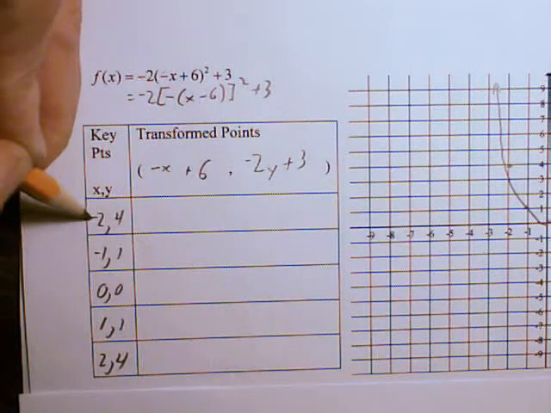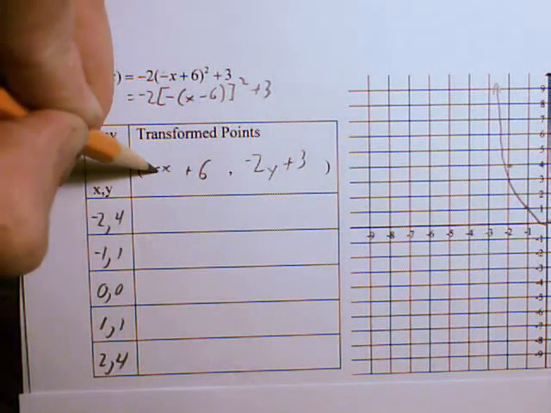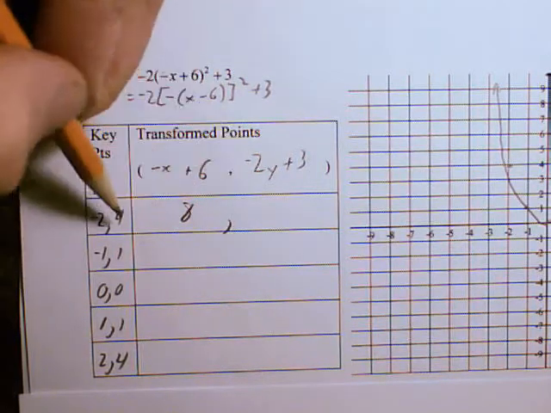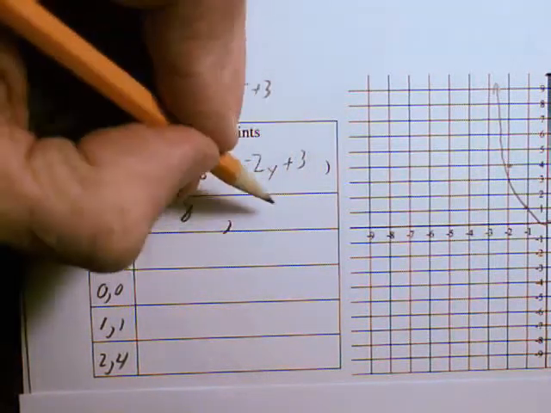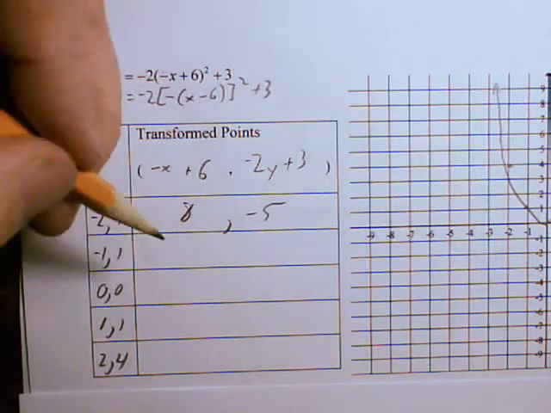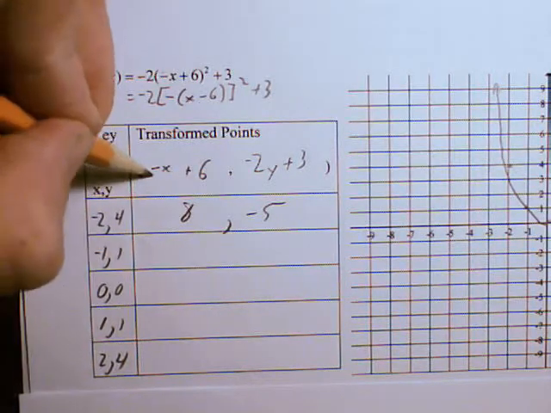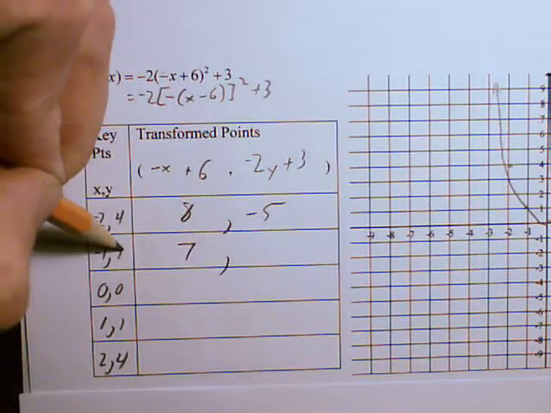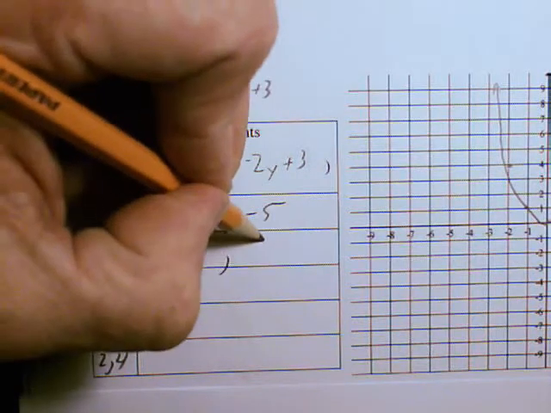For my new x, I'm going to say negative of negative 2, which is 2 plus 6 gives me an 8. And for the y, I've got negative 2 times 4, which is negative 8, plus 3 is negative 5. For negative 1, I say negative 1 times negative 1 is 1, plus 6 is 7. And then negative 2 times 1 is negative 2, plus 3 is 1.